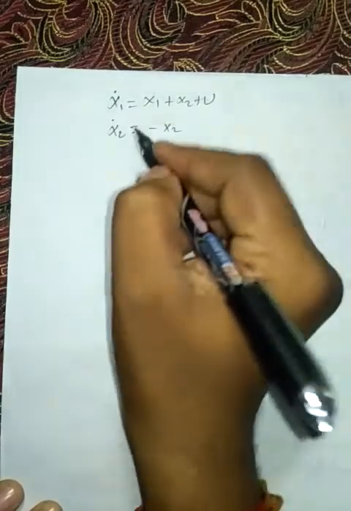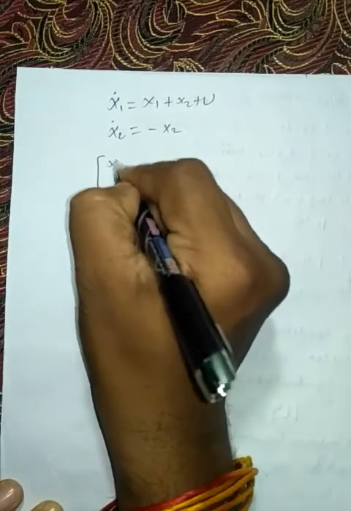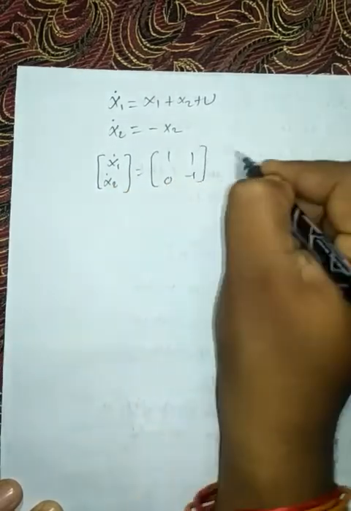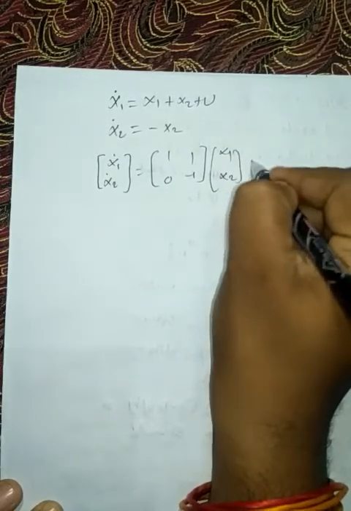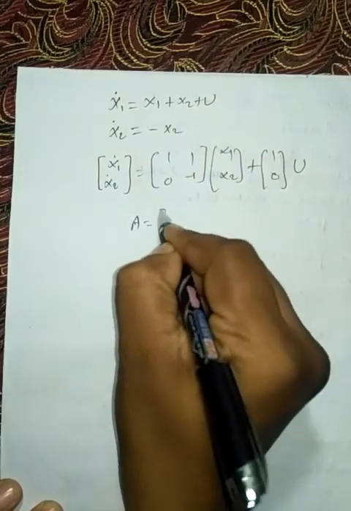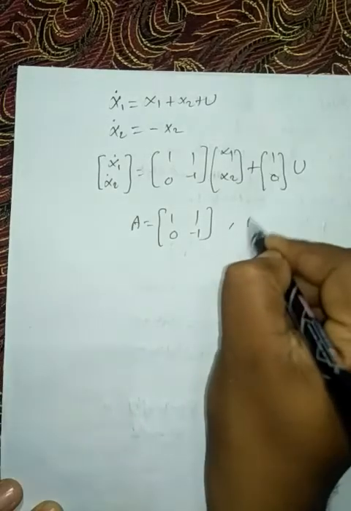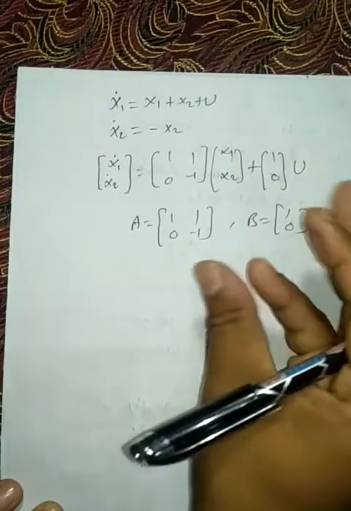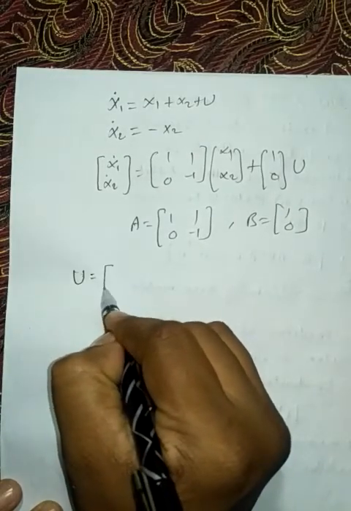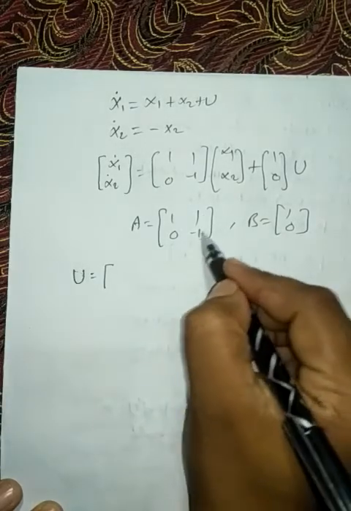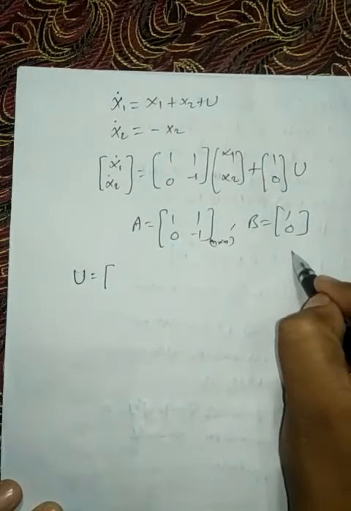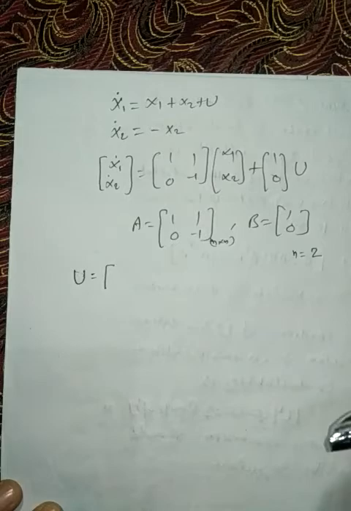In that case the matrix will be [x1 dot, x2 dot] equals [1 1; 0 -1] [x1, x2] plus [1; 0] U. So matrix A is [1 1; 0 -1], and matrix B is [1; 0]. Since A is the system matrix, an n cross n matrix, what is the value of n? N is equal to 2.